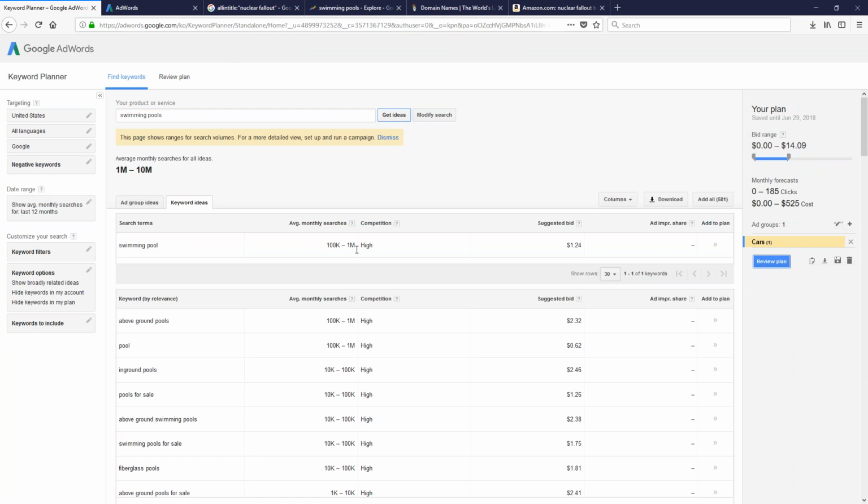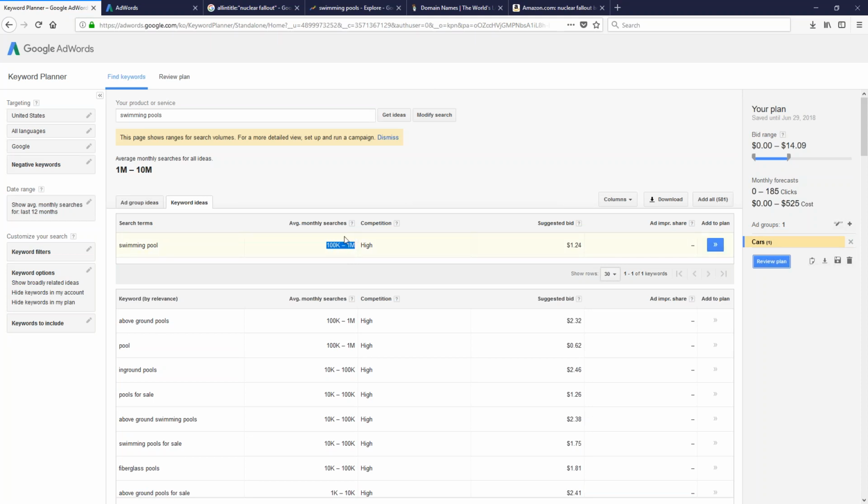Using this same swimming pools example again, I can see that the average monthly searches is between 100,000 and 1 million. Now, let's just say we know the exact number here. Let's just say it's a million.